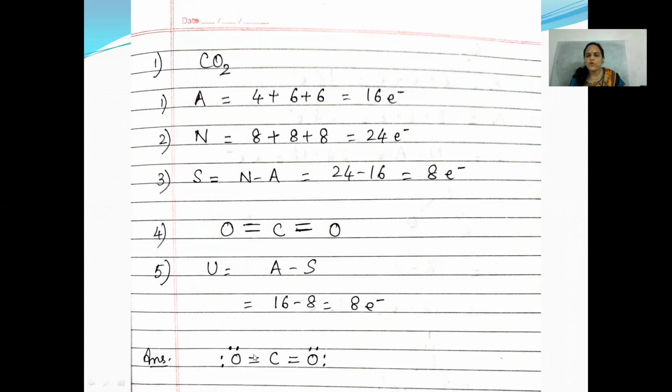Here you see 4 electrons are already present on oxygen. It needs 4 more to attain its noble gas configuration. So we put 4 non-bonding electrons on the oxygen atom on the left-hand side, and also 4 non-bonding electrons on the right-hand side. And this is the actual Lewis representation of the carbon dioxide molecule. Hope you have followed.